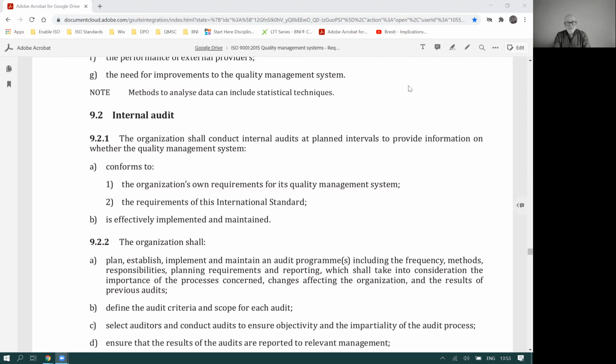Also, we would have monthly looks at supplier evaluations. External providers is such an integral part of all management system standards. And we would also look at the inspections, whether they be from a health and safety, environmental, information security, or whatever other aspects we want to do from an inspections perspective.